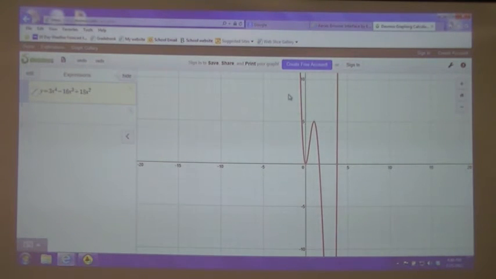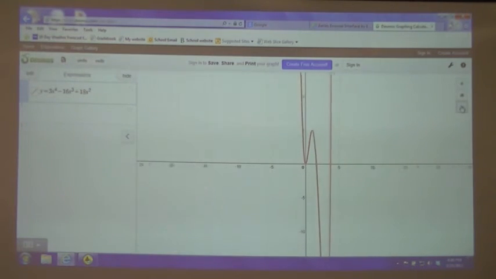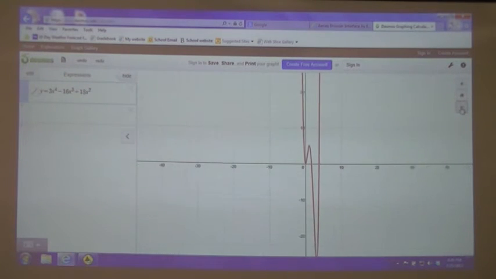Now we're going from 1 to 4. We're going to need to zoom in here a little bit. All right, so x equals 1 still goes, oh no, I guess we need to zoom out a little bit. We need to keep zooming.